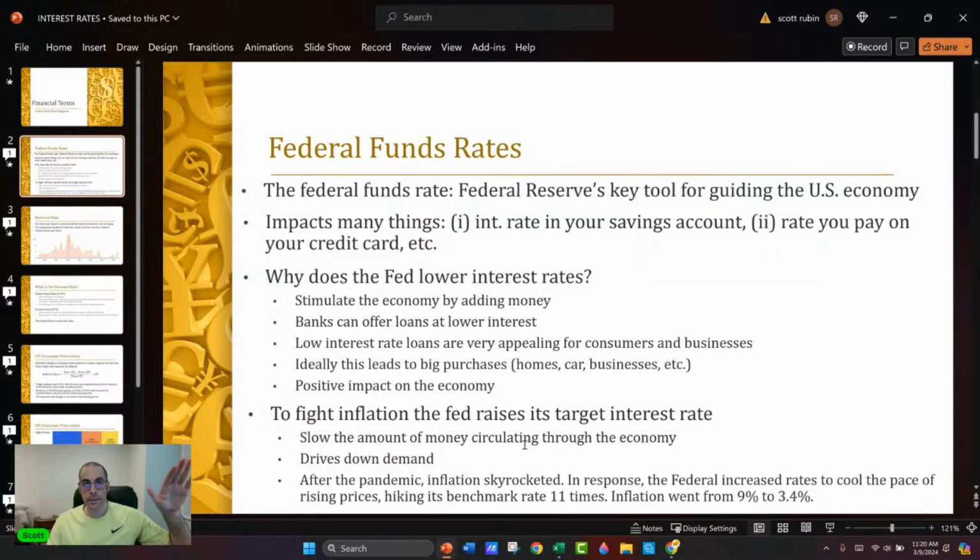It drives demand down, because some countries, and historically definitely, have crazy high inflation. It's so high that the government can't even print enough money. The money is getting almost useless day after day. That's how ridiculous inflation is.